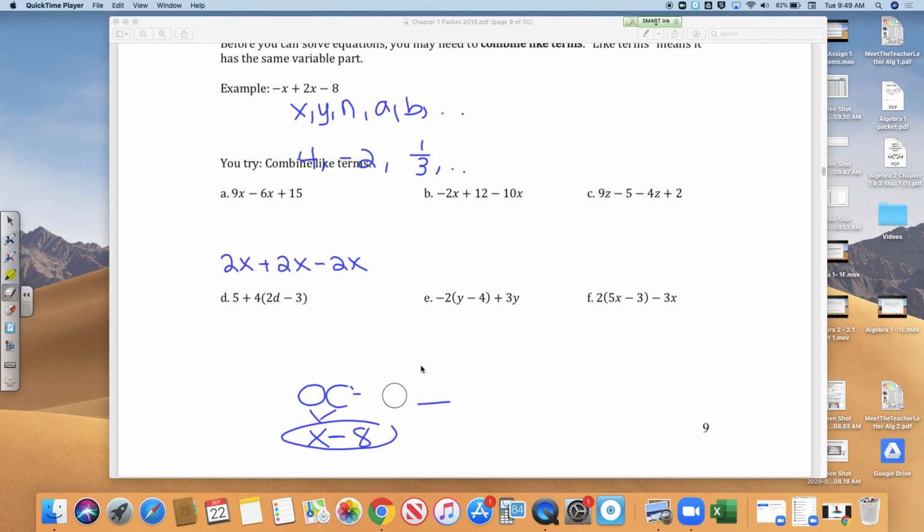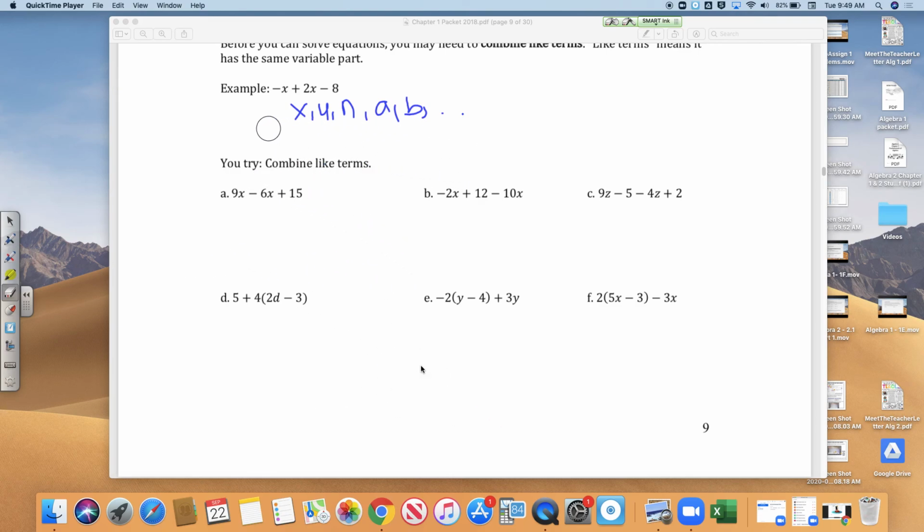So we have a bunch of different combining like terms problems. Some of them you have to use the distributive property and then combine. Some of them you just can start combining. I suggest that when you have like terms that you are combining, circle them a certain way or underline them so you can see what you are combining together. I'll give you guys a few minutes and then we're going to go over the answers before the end of class.